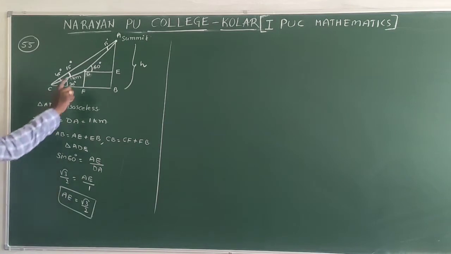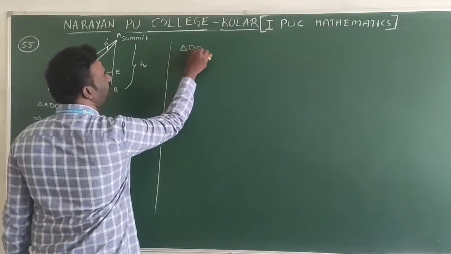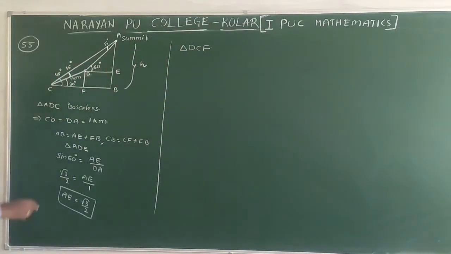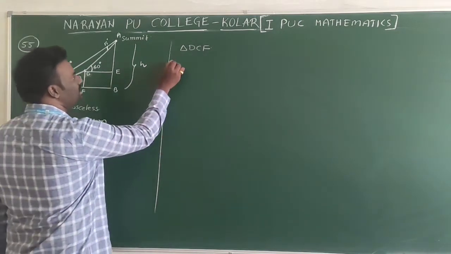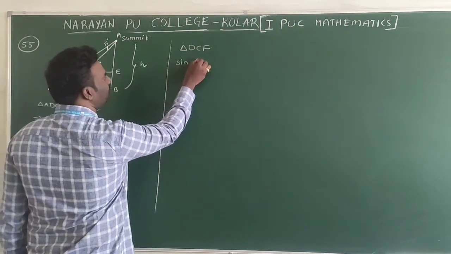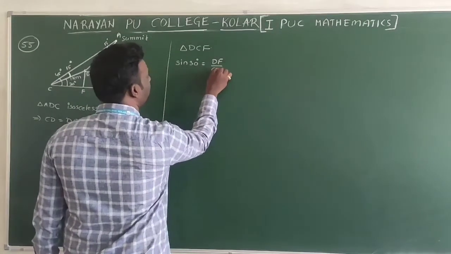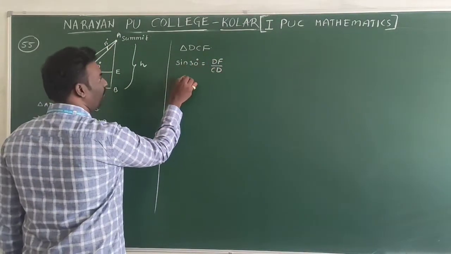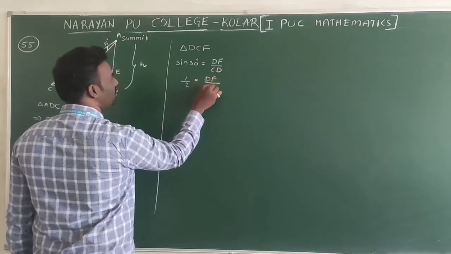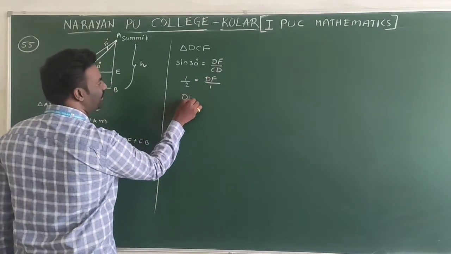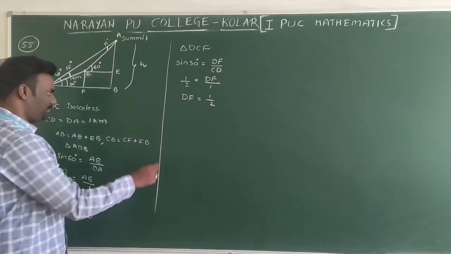Here I can take the triangle DCF. Here the angle is 30. Okay, we know the hypotenuse, that is 1 kilometer. Then sin 30 is equal to DF by CD. That is nothing but 1 by 2 is equal to DF by CD, which is 1. Now DF is equal to 1 by 2. In place of DF I can write EB because both are the same.